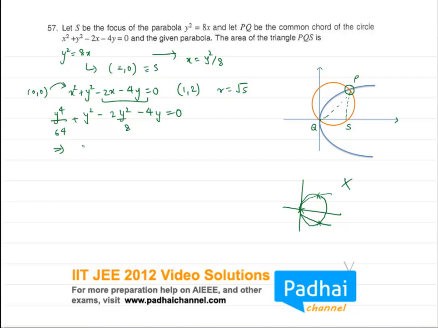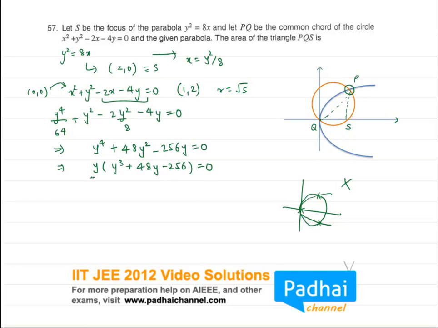In net this becomes y raised to power 4 plus 48 y square minus 256 y equal to 0. So I can take y common. This will be y cube plus 48y minus 256 equal to 0.